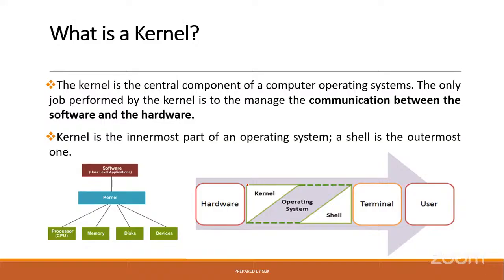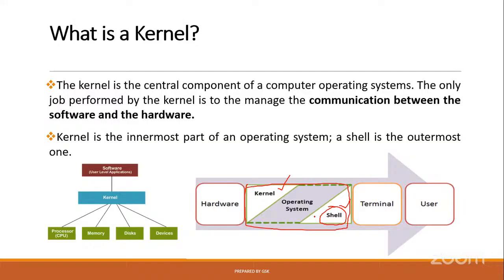Observe here, this is the operating system box. The operating system is a system software, that is, a collection of programs. So the outer part is called the shell, and the inner part or inner layer of the operating system is called the kernel.